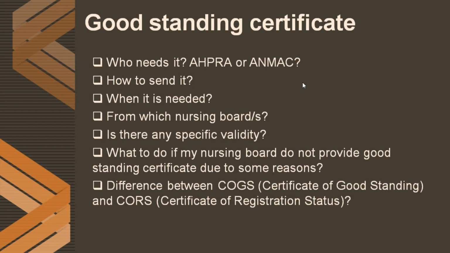All nursing boards will provide you a certificate of registration status since you are registered under that board, whereas a certificate of good standing may not be given if you have committed any offense or any unethical things under the nursing board, or maybe due to some other circumstances you may not get the certificate of good standing.